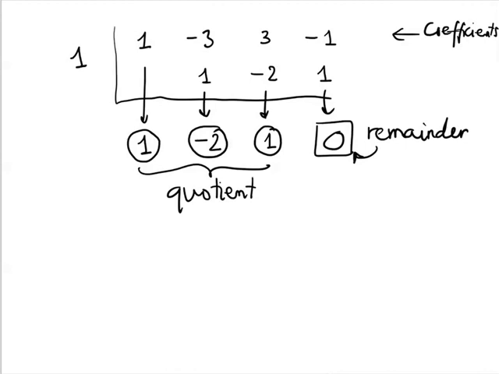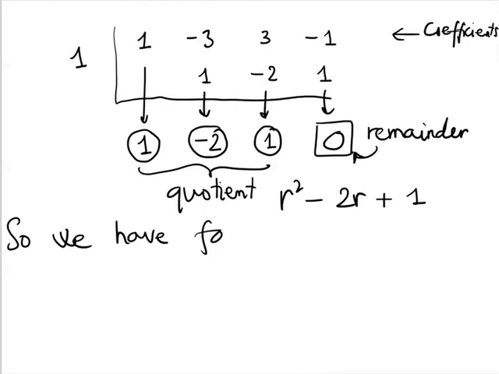The quotient begins with r squared: 1 times r squared minus 2r plus 1. So we have factored, as always, (r - 1). This is the root we found at the beginning.